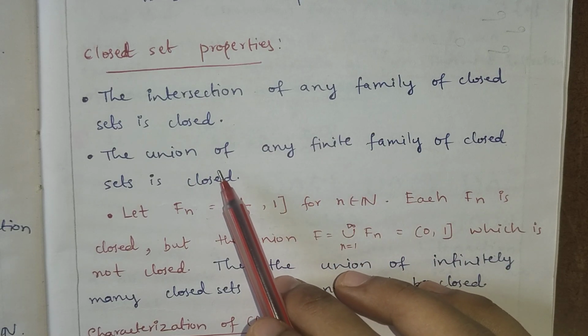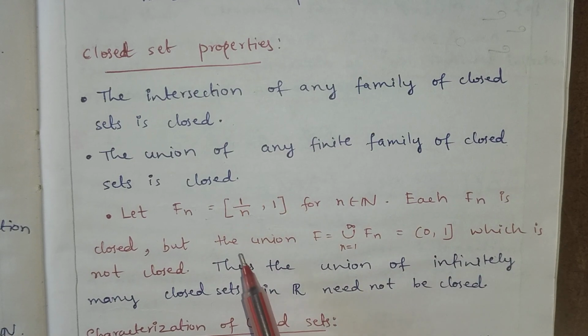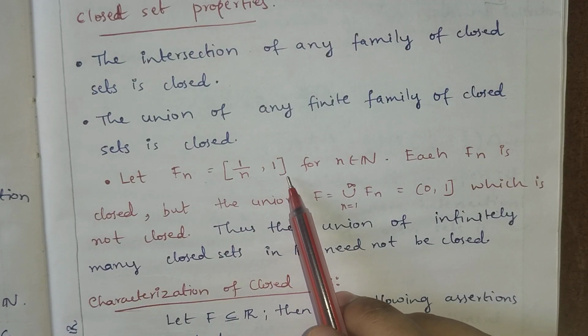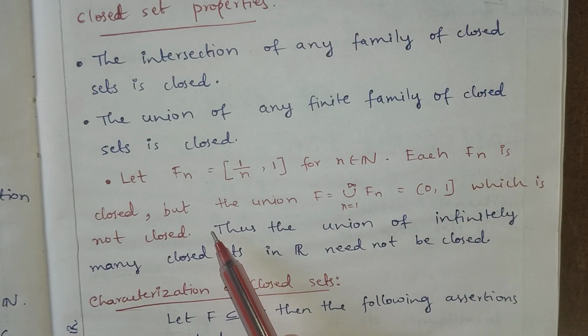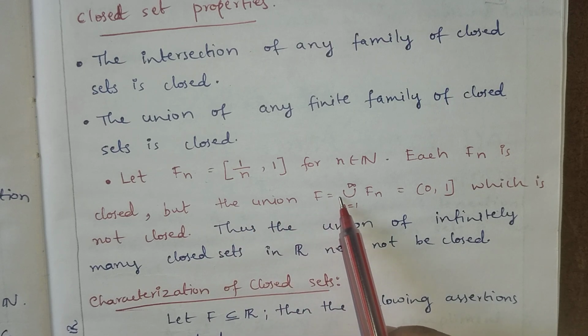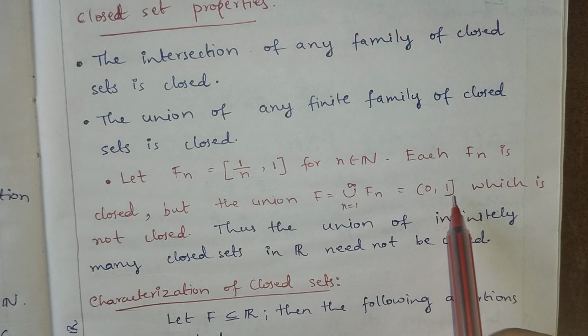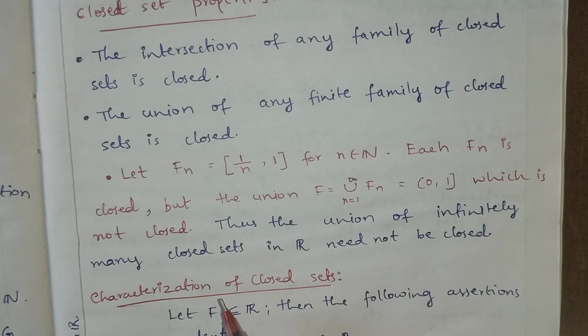In the case of closed sets, the union of a finite collection of closed sets is closed. So let Fn be the closed interval [1/n, 1] for n belongs to N. Here each Fn is closed, but the arbitrary union is the half open interval (0, 1], which is not closed. Thus the union of infinitely many closed sets in R need not be closed.